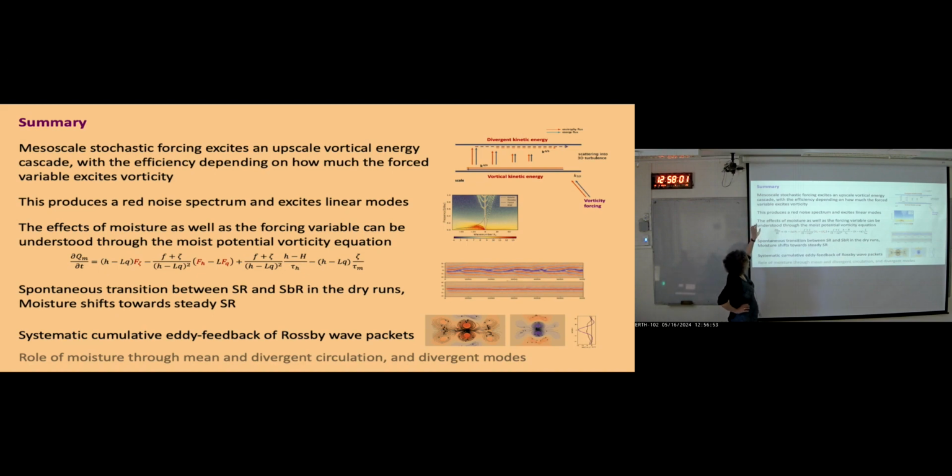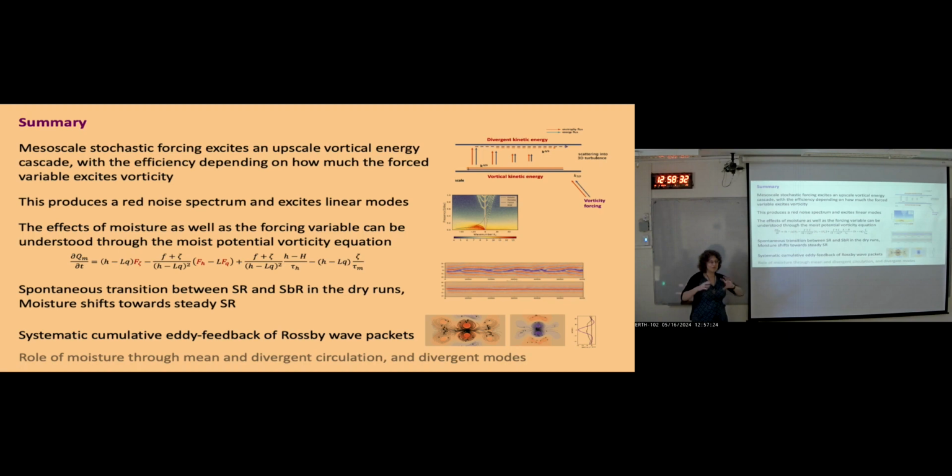And what matters is how efficiently you excite vorticity, and the effects of the different types of forcing can be understood through excitation of vorticity through the moist potential vorticity equation. And we also saw spontaneous transitions between super and sub-rotation in the dry run and not in the moist run. And we think it's a systematic cumulative eddy feedback of the eddies on themselves.